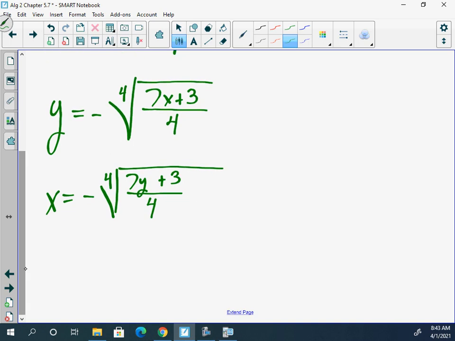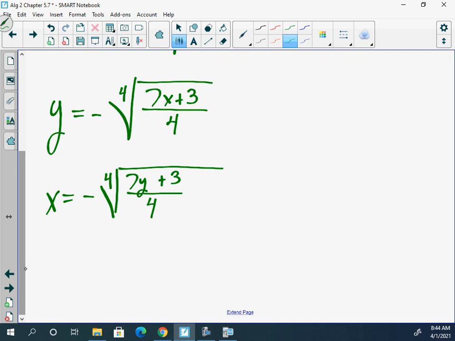Minus 3 or plus 1? Well, unfortunately, the 3 that's next to the 7y is also being affected by the division and the fourth root. So we have two things in front of us, so we have to get out of the way.